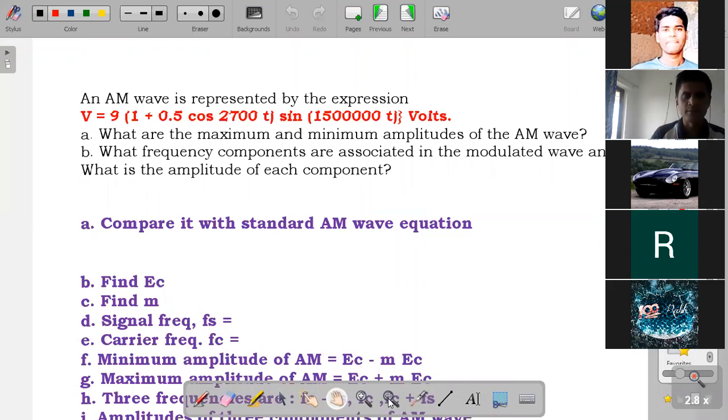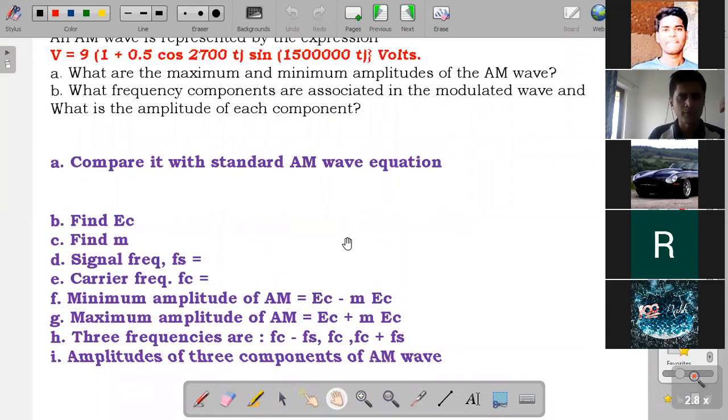For this case, see the procedure steps to find the answer for such type of example. Point number 1, compare the given example with the standard AM wave equation. There is one standard equation I have already given in my notes.